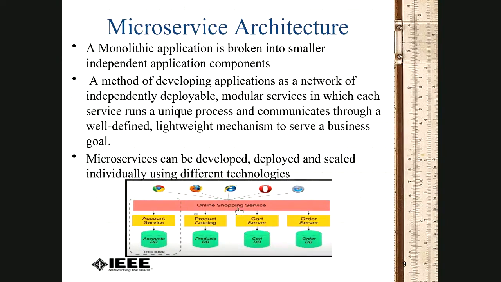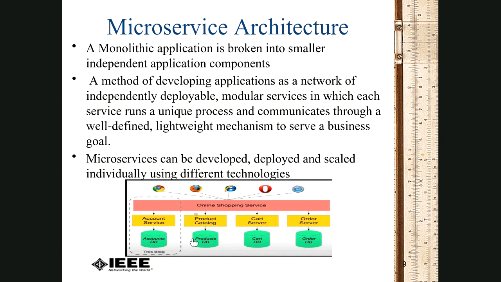Then this online shopping service will allow a user to go to the account service, or to the product catalog, or to the cart service, and then finally to the order service.